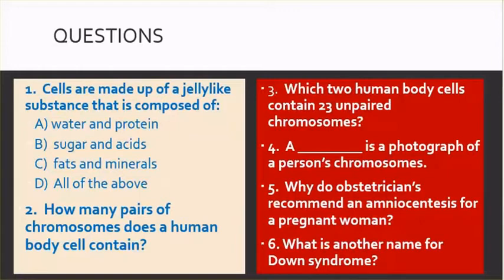Number 4, a blank is a photograph of a person's chromosomes. Number 5, why do obstetricians recommend an amniocentesis for a pregnant woman? Number 6, what is another name for Down syndrome?